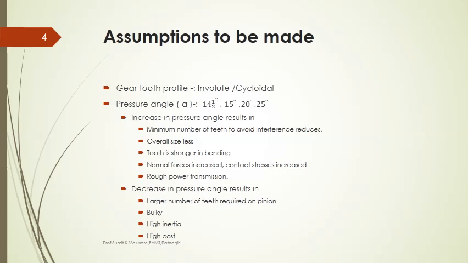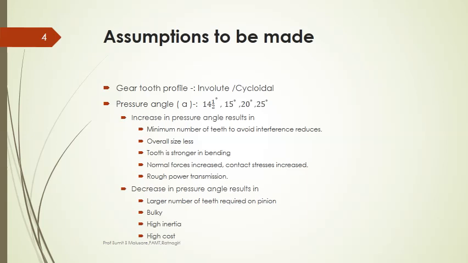At the same time, if you decrease the pressure angle, what happens? As per the standard AGMA formula, the number of teeth required will be much higher. Okay, it means that the size of the gearbox required will be higher.